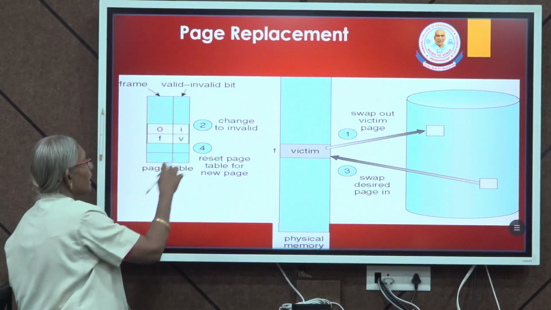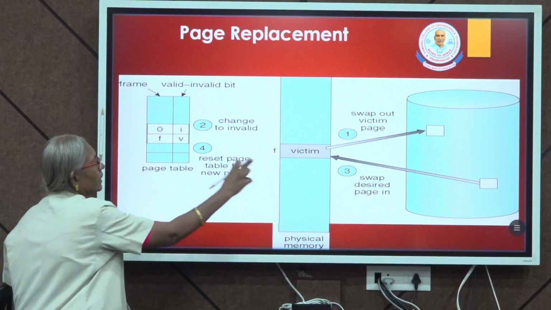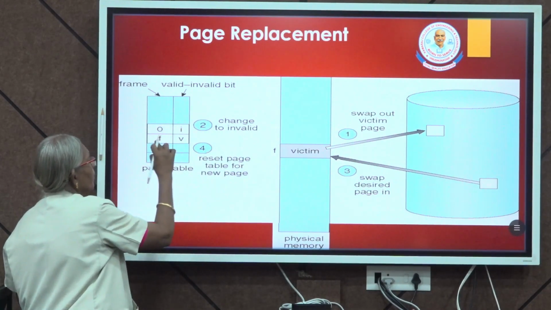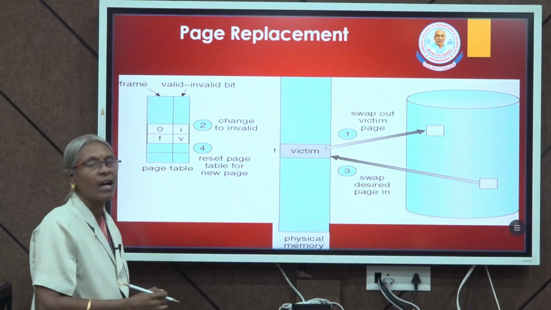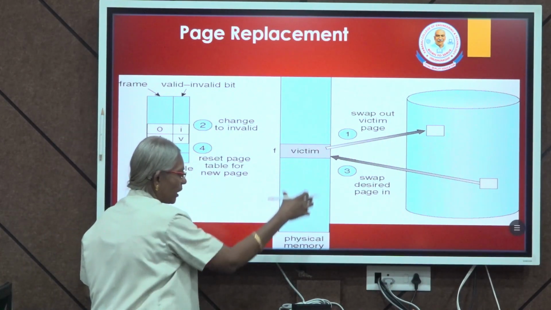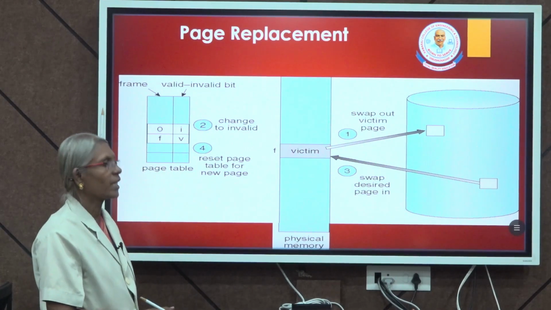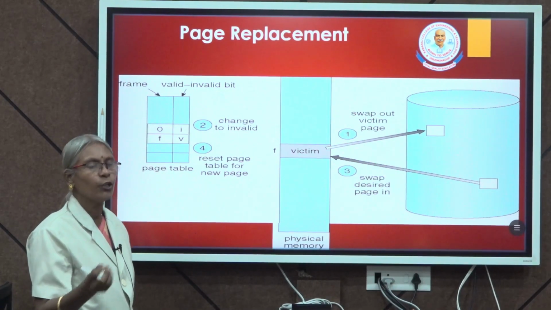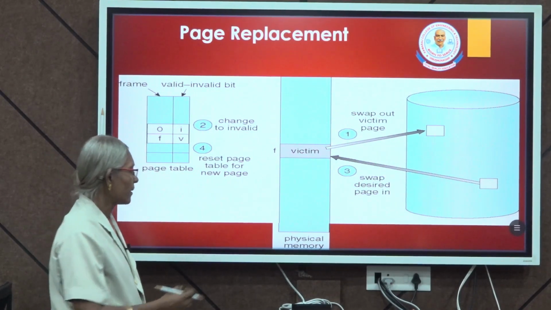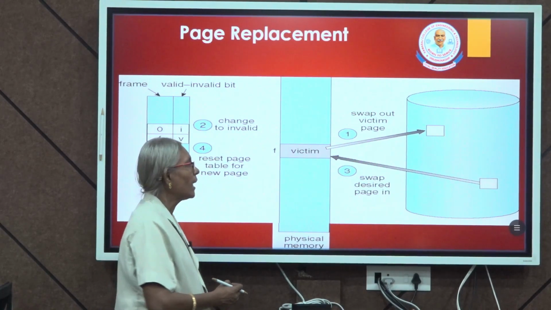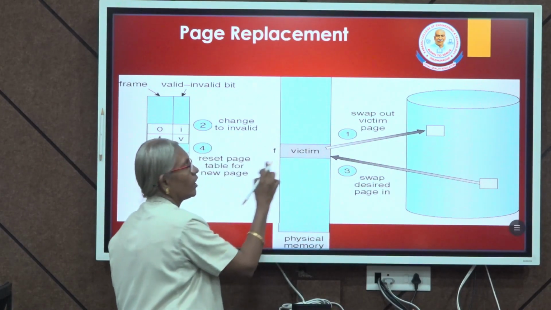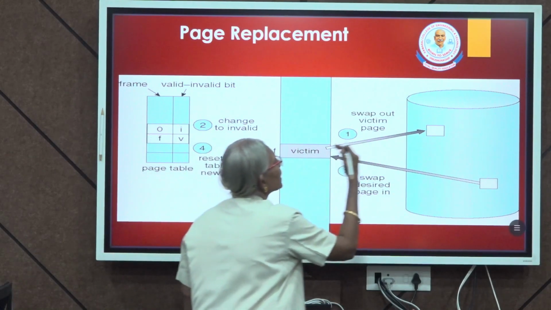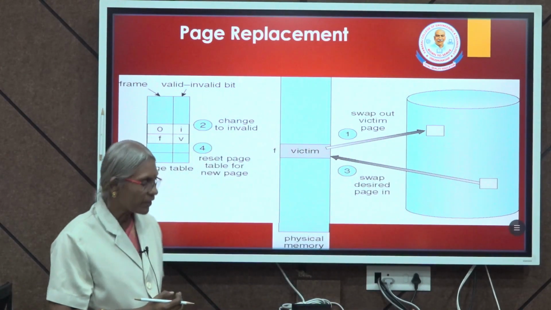In the page table we have the particular page with label F, and that is marked as valid because that particular page is still available in the physical memory. When a new page is to be placed in the physical memory, the victim, that is the F page, is to be swapped out. So, that is the first step.